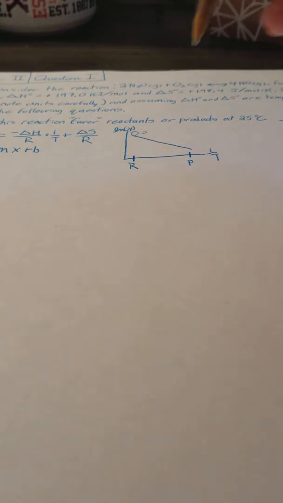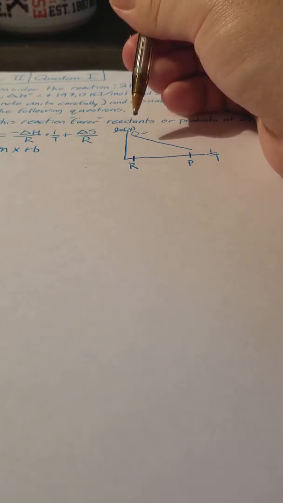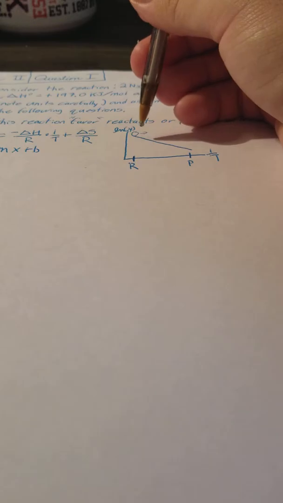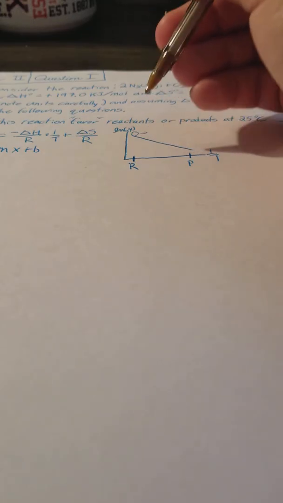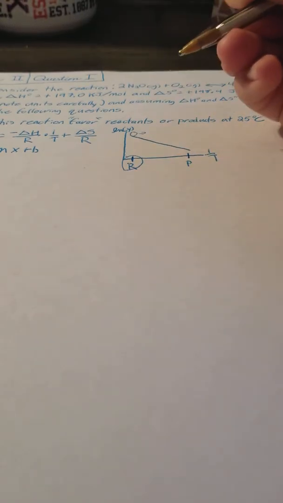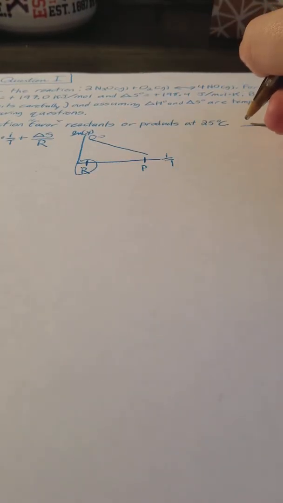And the answer is simple. A boulder just sitting on a hill will go down the hill. And because it is going towards products and away from reactants, it is favoring the reactant side. So therefore, our answer is reactants.